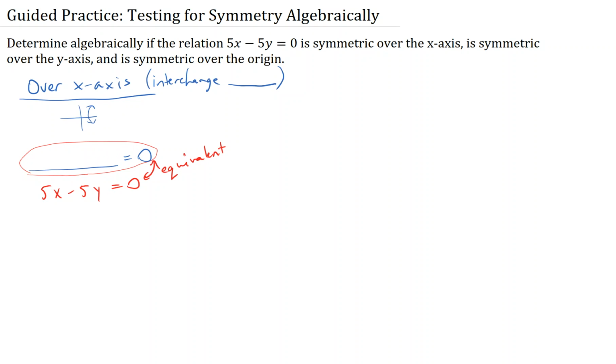And if they are equivalent, you can state that it is symmetric over the x-axis. And if they are not equivalent and they can't be made equivalent, then it's not symmetric over the x-axis. So pause the video and make your conclusion there.